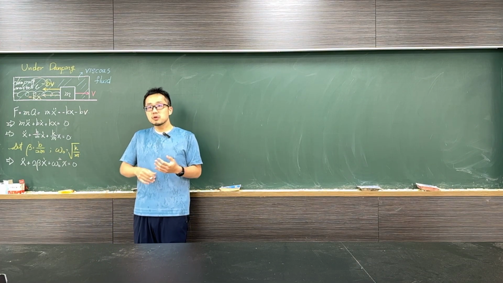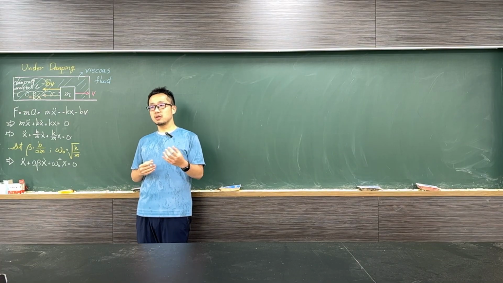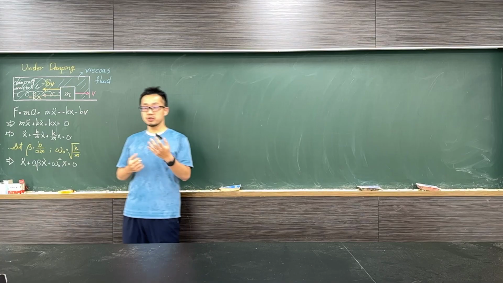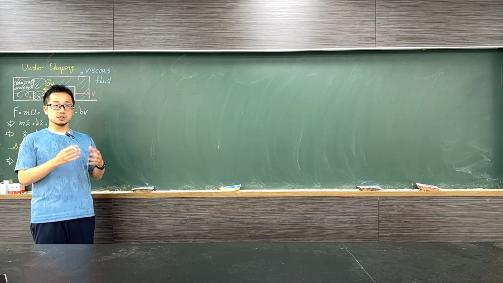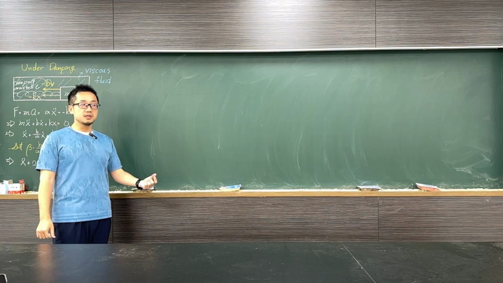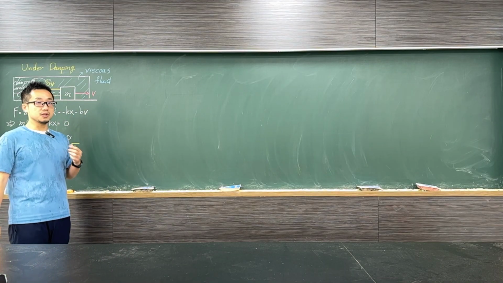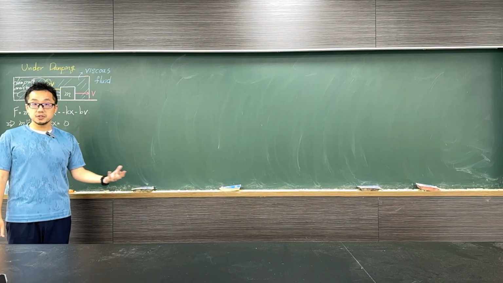But we can always go back to the fundamental equation, F equals ma. This is Newtonian mechanics. F equals ma tells you that ma is equal to the sum of all the forces. If you're now submerged in a viscous fluid, then the spring force is no longer the only force. There's another force called the resistant force.